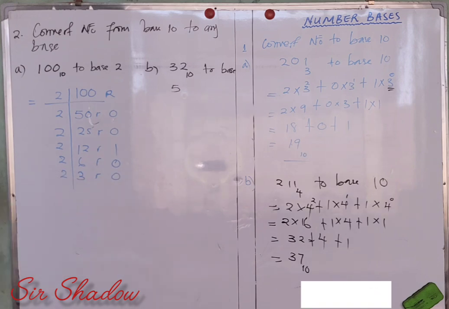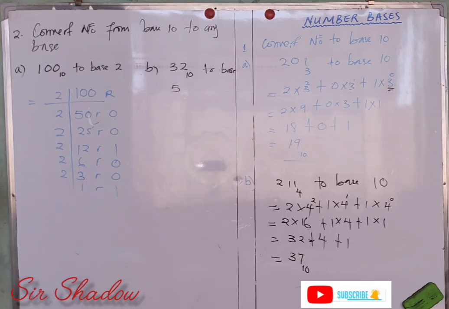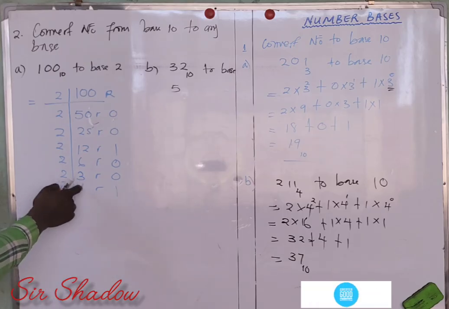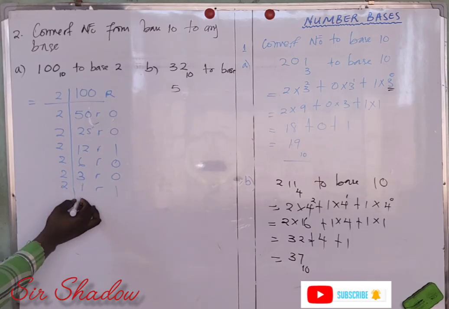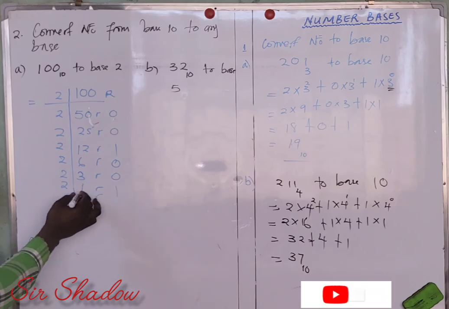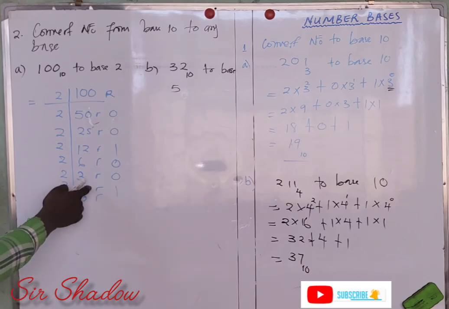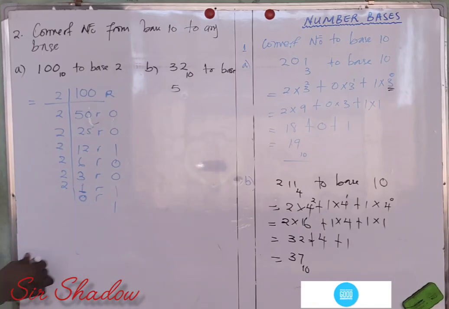So 2 into 3 gives us 1, remainder 1. Now 2 into 1 is 0, remainder the same 1. Right?